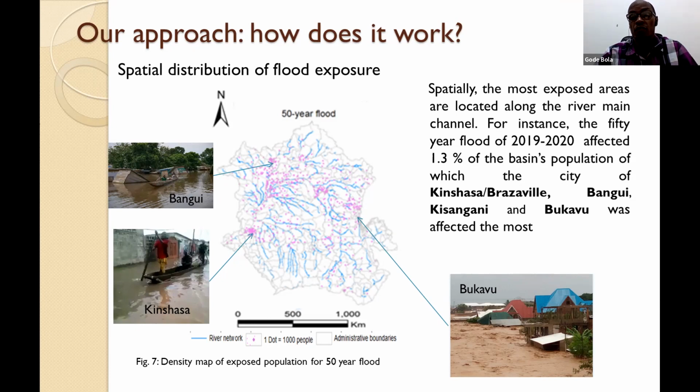And almost all the Congo Basin was affected. But the towns Brazzaville, Kisangani, and Bukavu were the most affected because of the population density and the location along the main river. And about the affected population within all the Congo Basin, we found almost 1% of the population was affected within the basin.